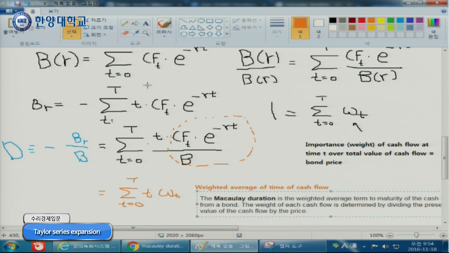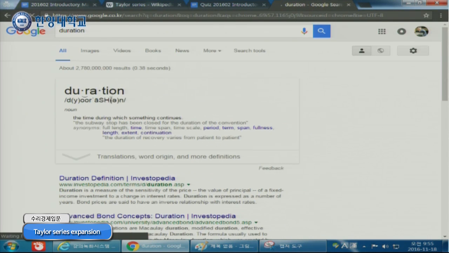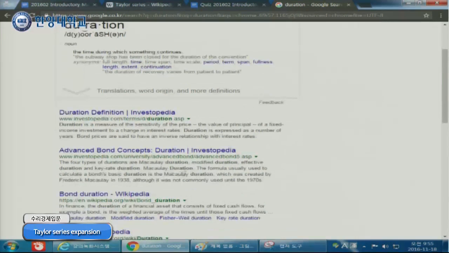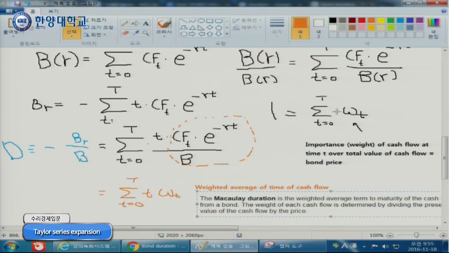We need to adjust, but at least in continuous time, Macaulay duration is the same as modified duration. So this is a Macaulay duration, right? Present value is basically this part, the PV.